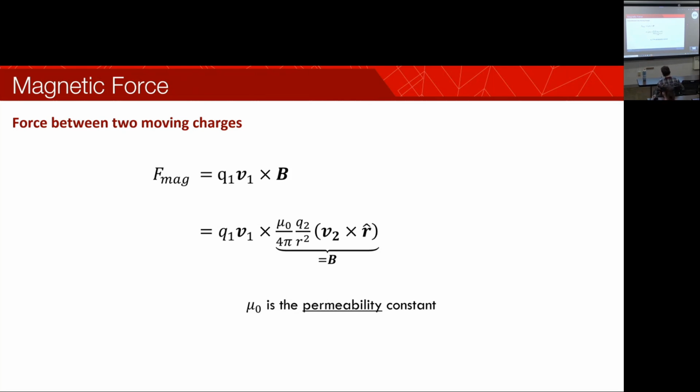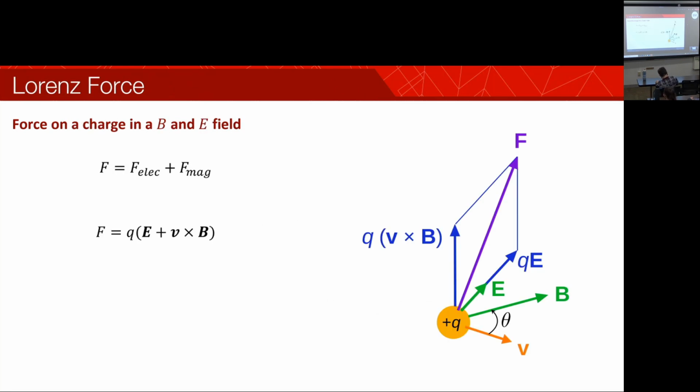And that boils down into the Lorentz force. So the electromagnetic force on an object is the electric force QE plus the magnetic force Q times V cross B.